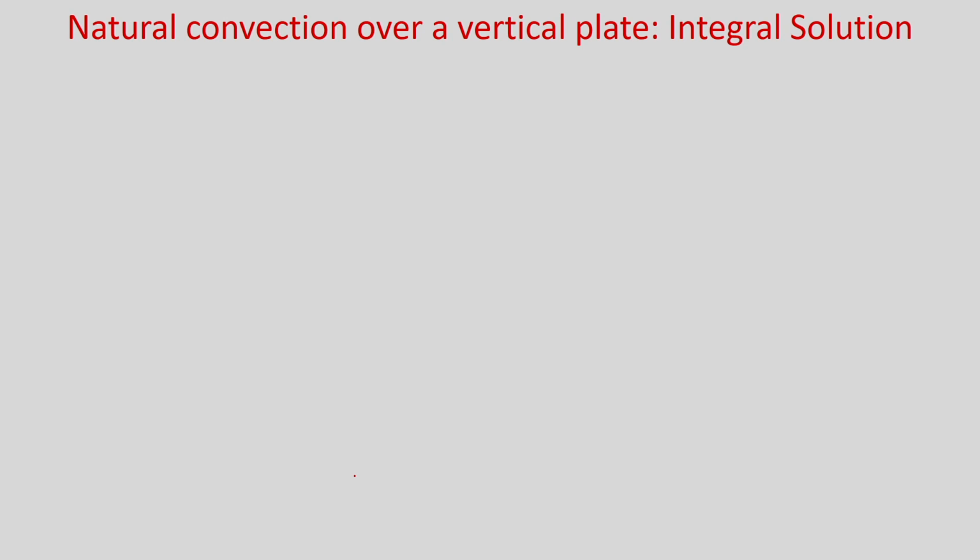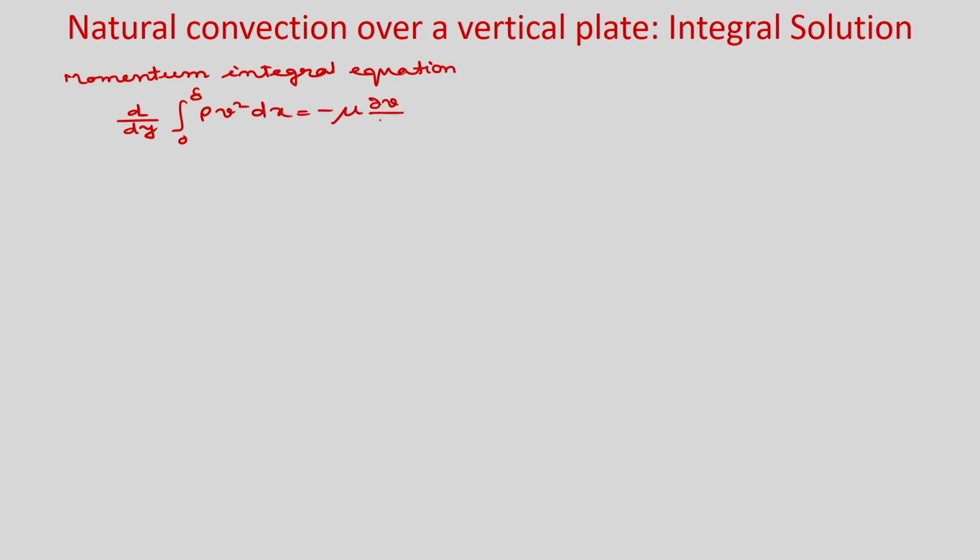So, if you put there, so you have momentum integral equation, so that is your d by dy of integral 0 to delta rho v square dx is equal to minus mu del v by del x at x equal to 0 plus integral 0 to delta rho g beta (T minus T infinity) dx.